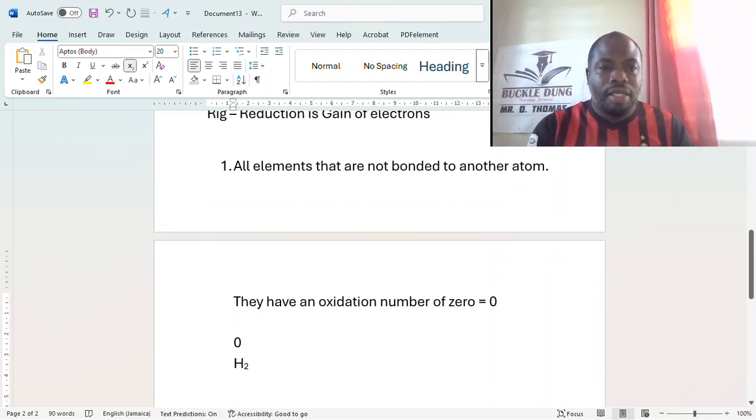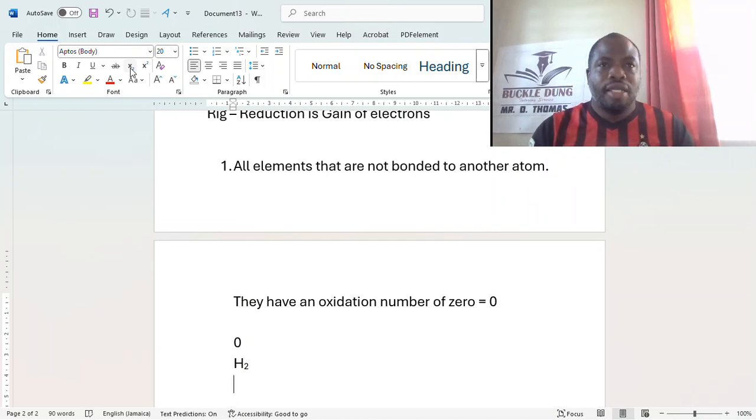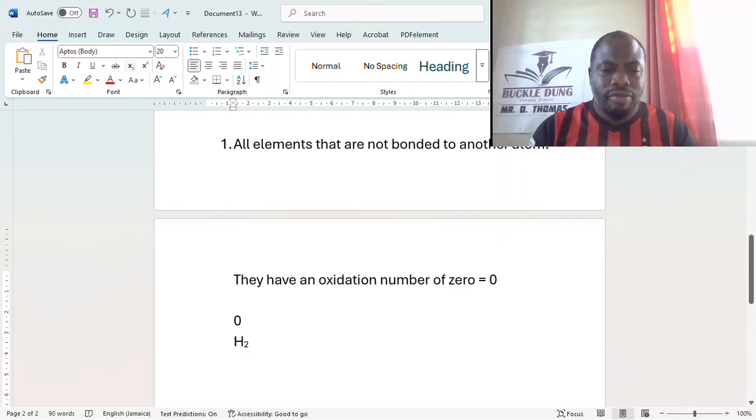If you remember all 7 of them, the oxygen, the nitrogen, the group 7, the chlorine, the fluorine, the bromine, the iodine, and the hydrogen, once you're looking at their diatomic elements, you are going to have them having an oxidation state or oxidation number of 0.